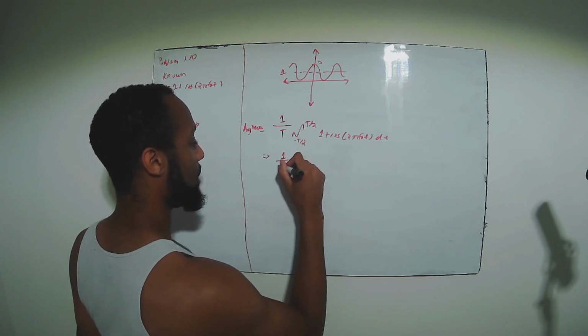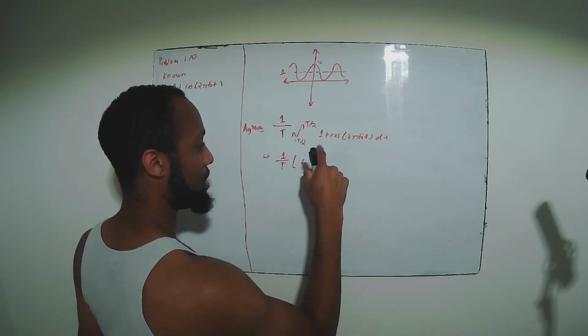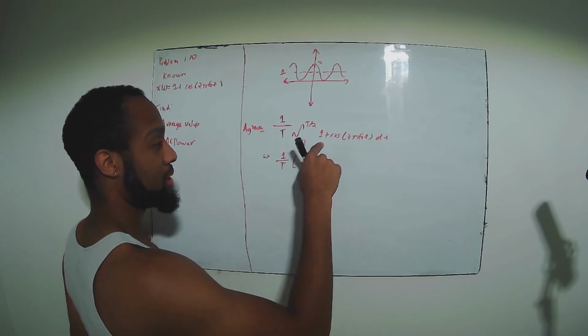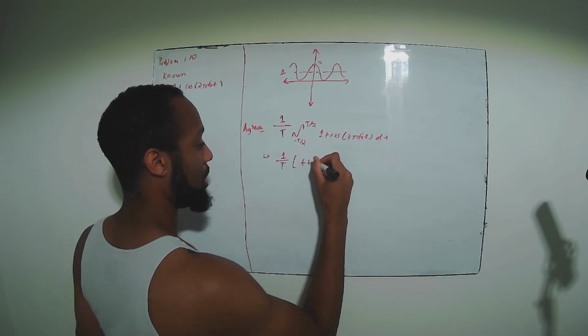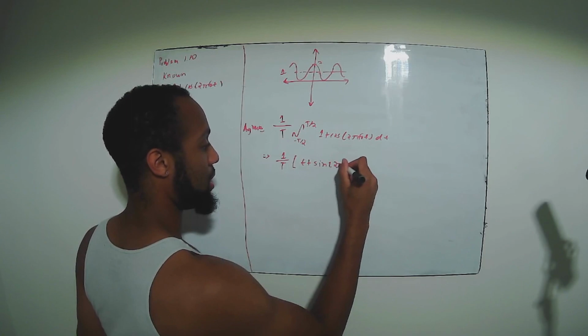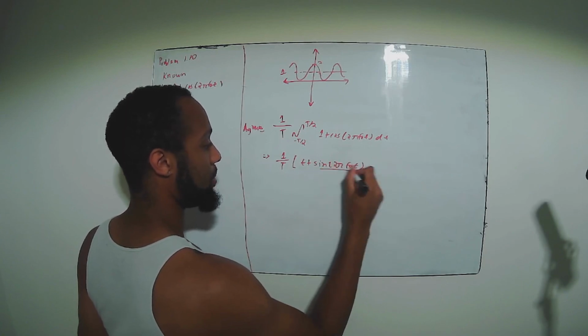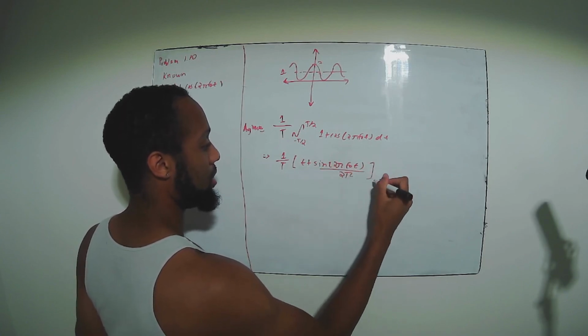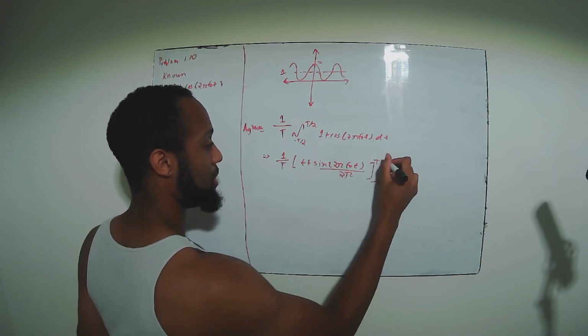So it's still 1 over T on the outside, and on the inside, 1 is a constant, so it just becomes t, plus sine of 2 pi f naught t divided by 2 pi f naught, from minus T over 2 to positive T over 2.